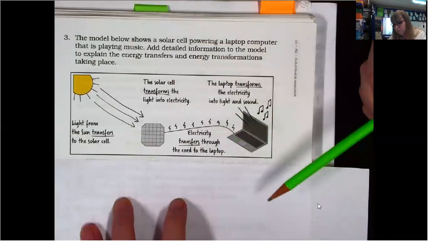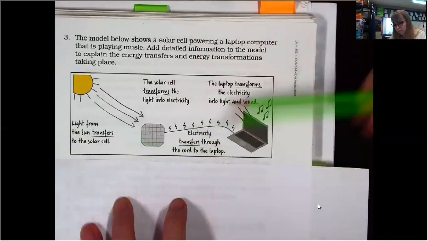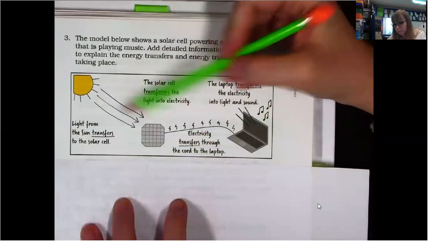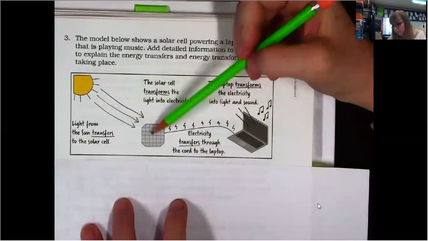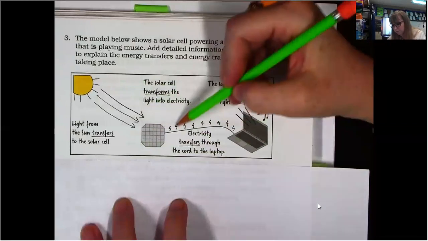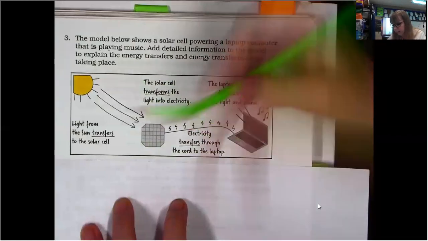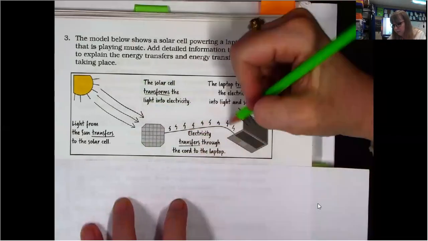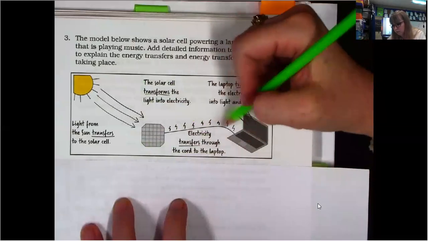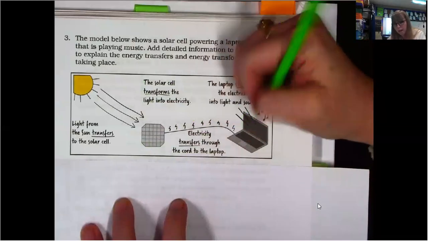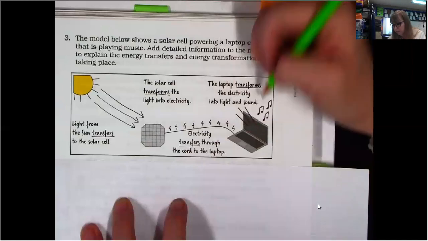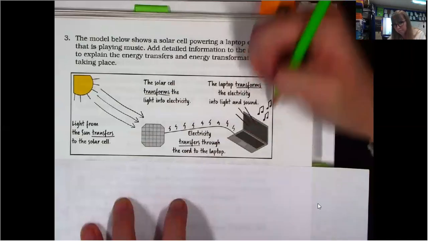Yes, there's words, lots of them, but there's also arrows pointing from the sun to the laptop. The cord, they're showing these little lightning bolts to show that electricity, power, is going from the solar cell to the computer, and these little lines are coming out of the laptop to show sound, and these little musical notes.